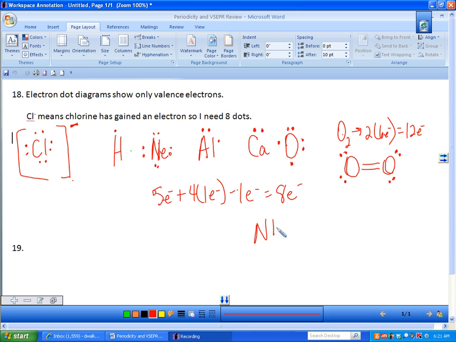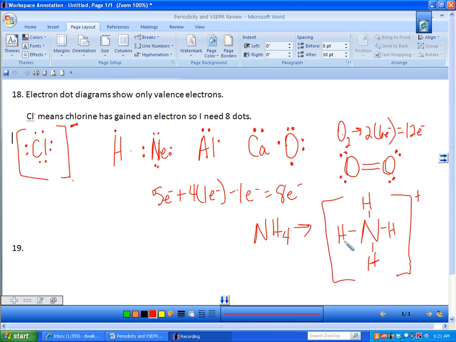So NH4 is going to look like a nitrogen with 4 hydrogens around it. There's 8. That's what I needed. There's 2 for each hydrogen. I'm going to put a bracket around it and put a plus sign. So there's my NH4 plus ion.